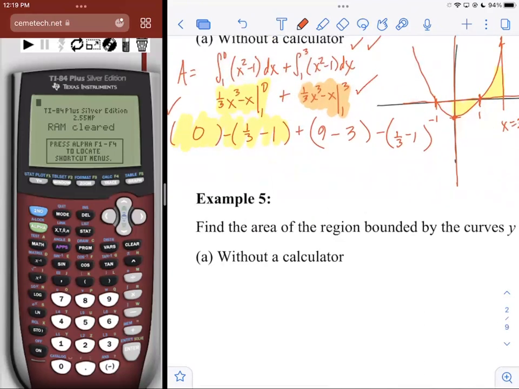So let's keep going. So we get a negative 1/3 minus 1, that's going to be negative 2/3. And then plus 9 minus 3 is 6. 1/3 minus 1 is again a negative 2/3. And so we end up, and this is carefully, right? We don't take this step for granted. 2/3 plus 6 plus another 2/3.